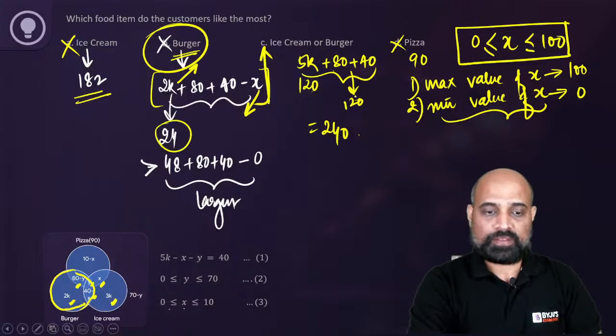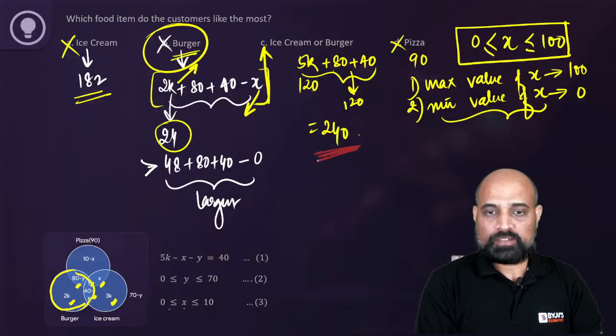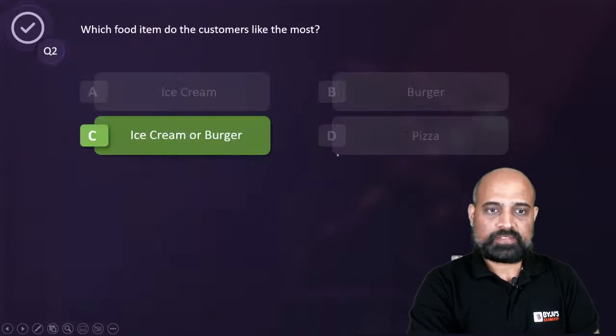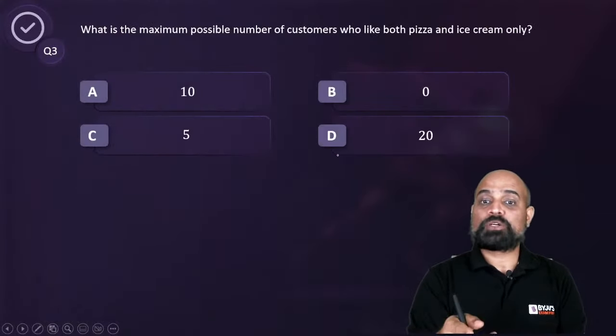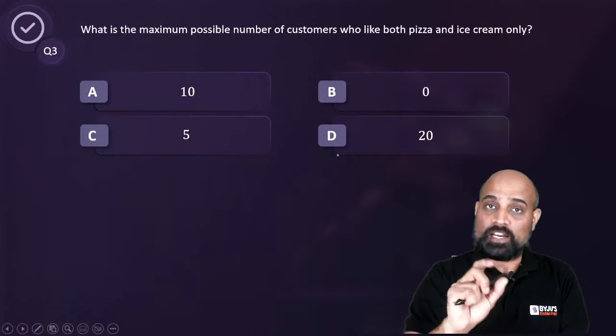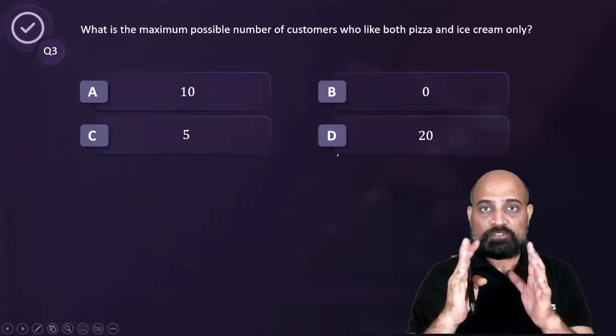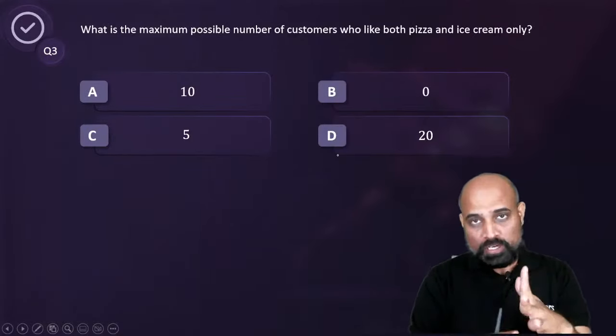Okay. So ice cream or burger is obviously the largest. This is 240, the largest. Next is, what is the maximum possible number of customers who like both pizza and ice cream only? See, a new question. So we will have a new expression. Which of k, x, y appear in that expression?